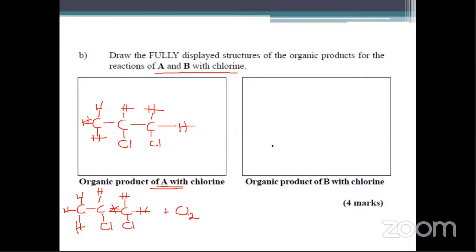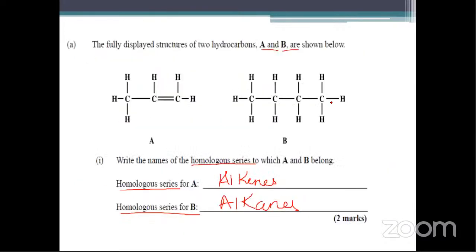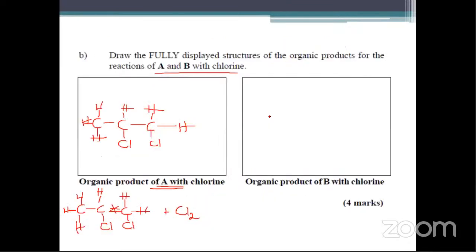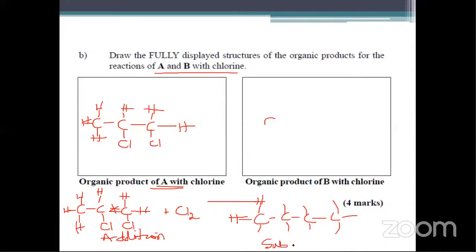Then they ask you to draw it for this one, which is butane. So we have butane, 1, 2, 3, 4, and we have hydrogens all around. And this is going to undergo what we call a substitution reaction, right? This one is called addition reaction or halogenation. And over here is going to be substitution. So in substitution, what happens?